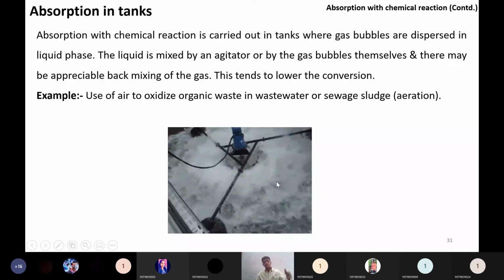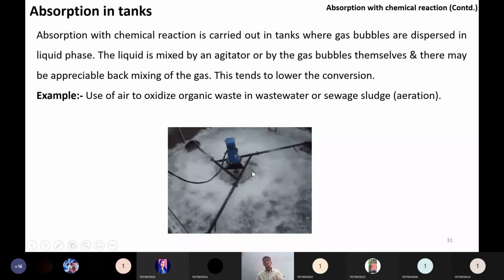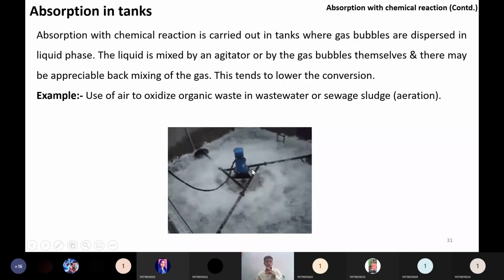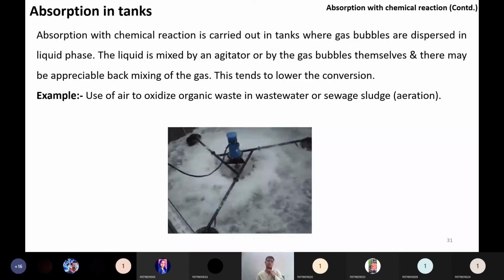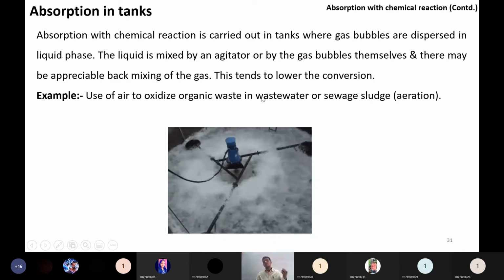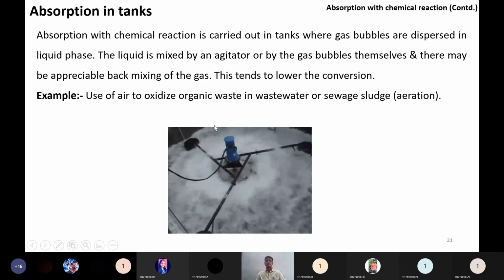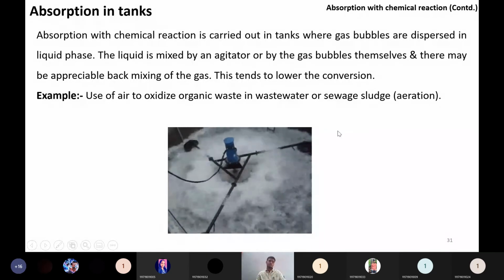Like paddles, we can just rotate this liquid so that whatever BOD, biological oxygen demanding organic matter is there will be broken down into small molecules, and we can separate out the pollutants. So that is the best example. That is the aeration process, you can say.